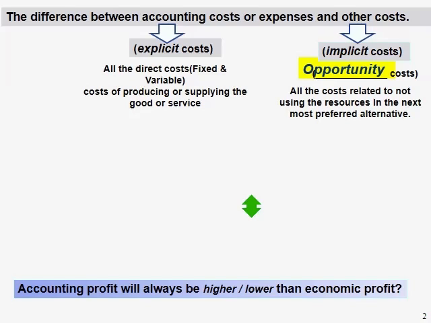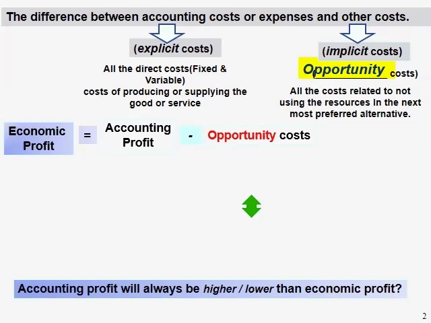But when ACG decided to use this building for its own business, for providing education, it gave up perhaps the next best opportunity, which would be to rent the building out. So that income or money, rent that was lost, is considered to be a real cost. And so when economists add up their costs, they add up their explicit costs and their implicit costs.